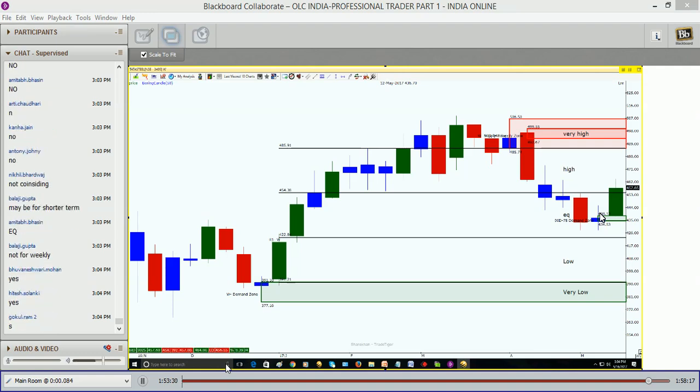But if you notice, this zone is in equilibrium and hence I cannot plan along over here. But if this daily candle closes this way and I have a drop base rally here, maybe I could look to plan a daily income trade somewhere over there. But as of now, we cannot, because this demand zone would be in equilibrium.